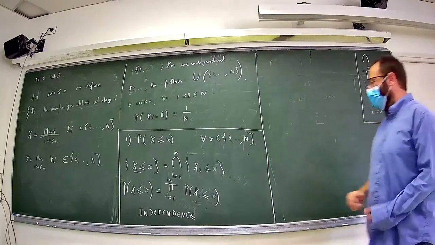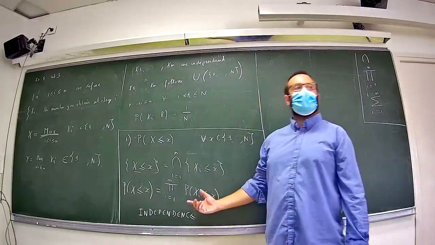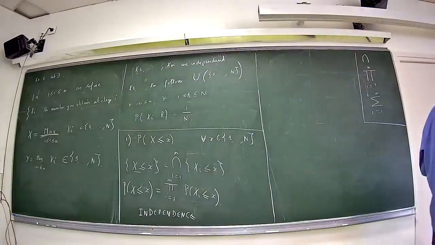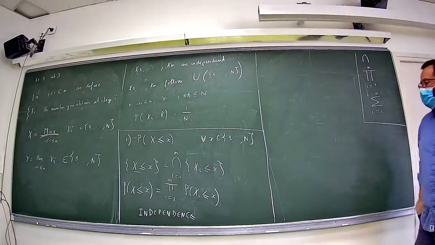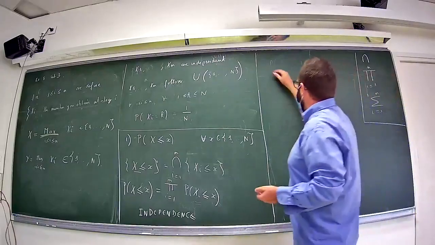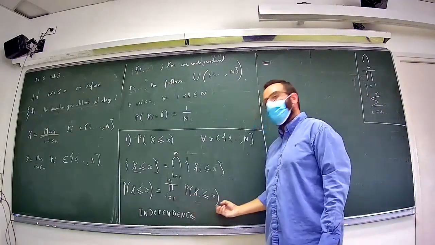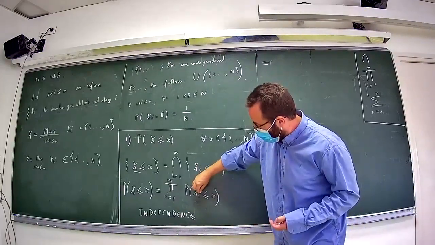It's just the probability that x1 is less than small x, times the probability that x2 is less than small x, times the probability that x3 is less than small x, and so on, until the probability that x small n is less than small x. And now, to compute what I am interested in, I need to be able to compute the probability of each term here, for xi.